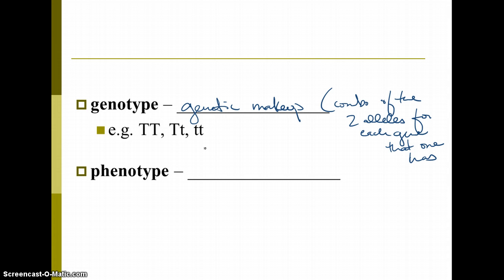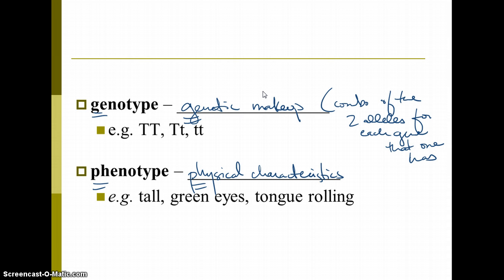So a phenotype are the physical characteristics. A good way to remember that is pheno is physical, and geno is genetic. Okay? So for example, it's what that actual code, the genotype, codes for.